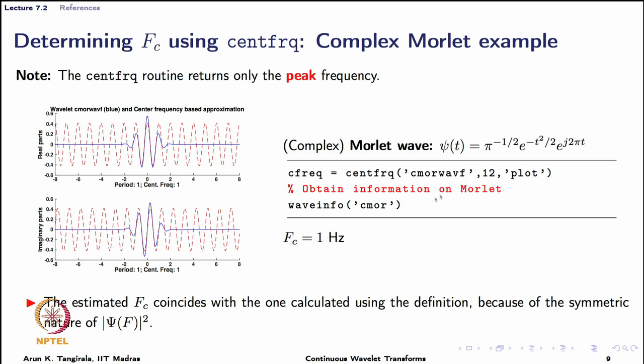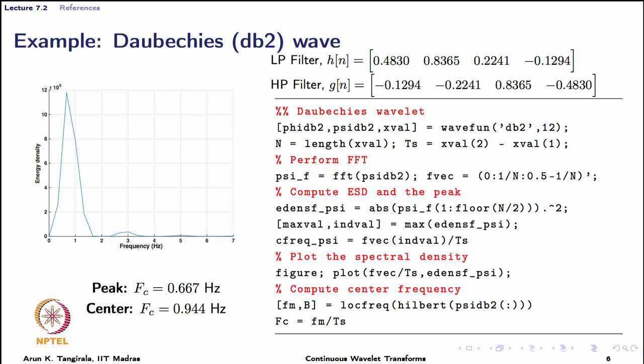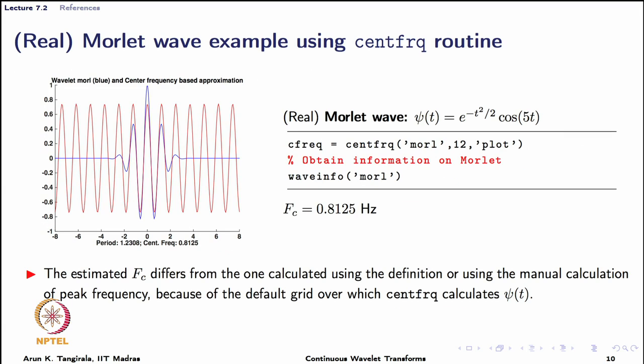I am not showing you what you would get with the definition, but if you set the parameters Fc equals 1 and Fb equals 1 in the previous example that I showed you and run the result, that is the complex Morlet wave, through the LOCFREQ, you will get the center frequency as 1. So, they both coincide. Remember, the peak frequency calculated by CENTFRQ and the center frequency calculated by LOCFREQ will coincide because energy density is symmetric in frequency.